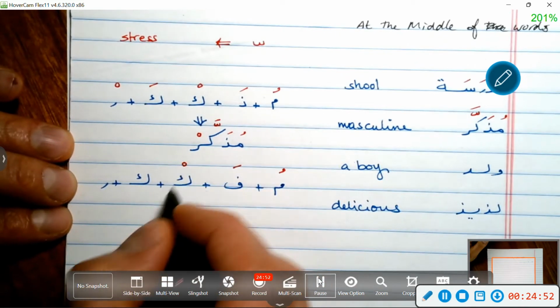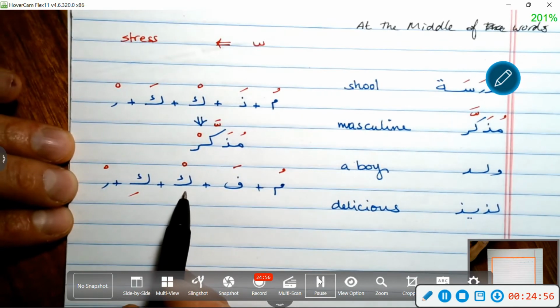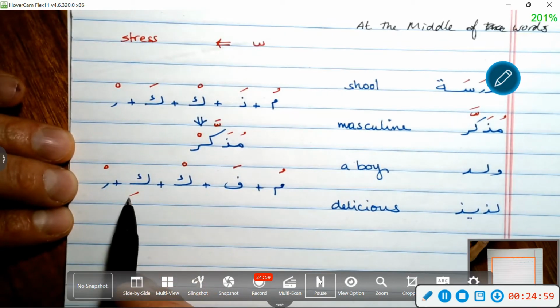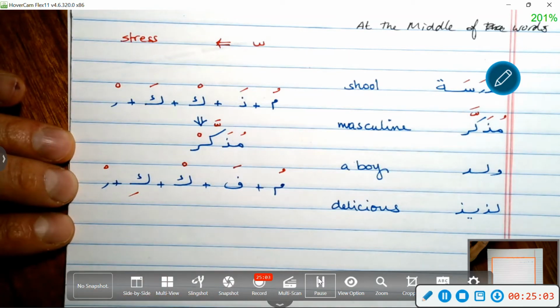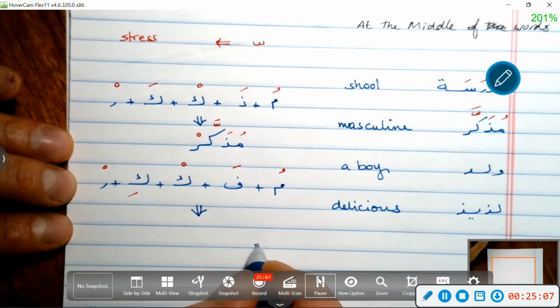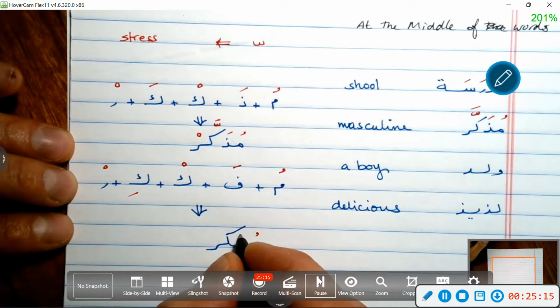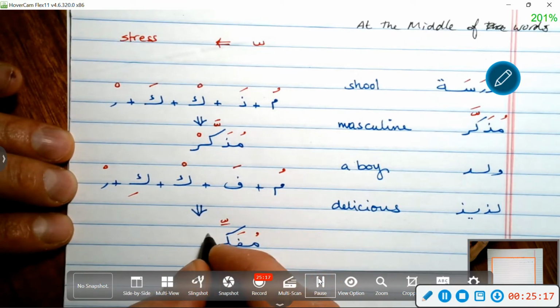Now the first kaf has sukun, second kaf has kasra, and it's going to be written like that. See, the kasra is under the shadda.